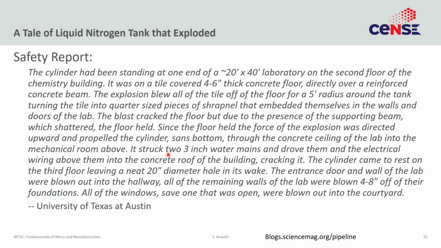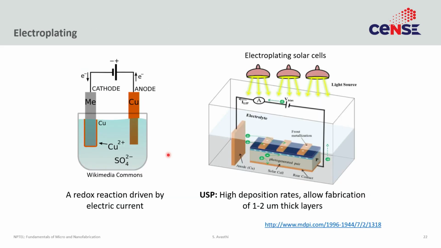The entrance door and the wall of the lab were blown out into the hallway. All of the remaining walls of the lab were blown 4 to 8 inches off their foundations, and all of the windows, save for the one that was open, were blown out into the courtyard. So just imagine, if this happened not in the dead of the night where there is nobody in the lab, but in the day. So please exercise extreme caution with CVD.